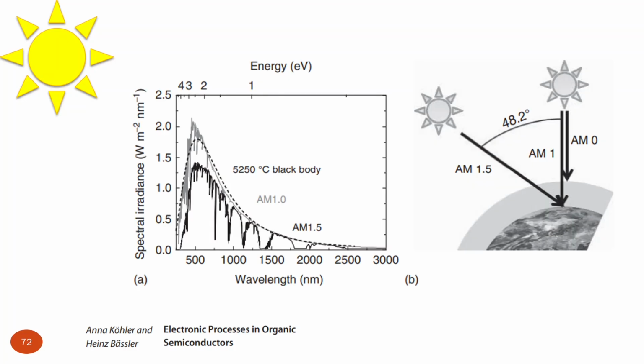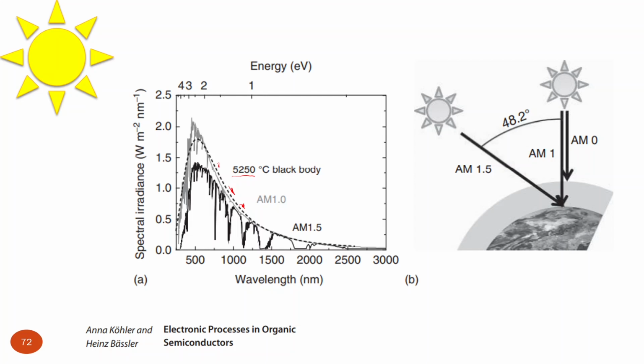If you look at this black dashed line, that is the spectral distribution of an absolutely black body at temperature 5250 degrees Celsius. That is, of course, not uniform and not constant, but that's some average temperature on the surface of the sun.